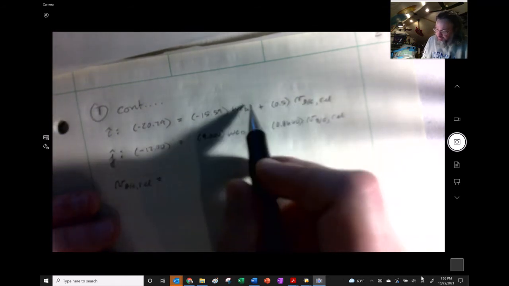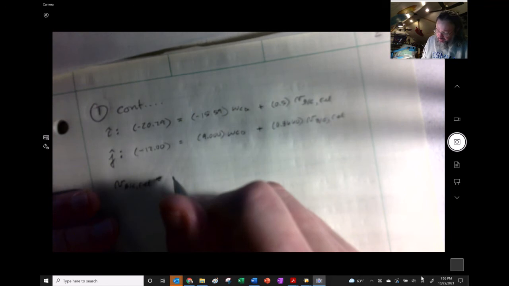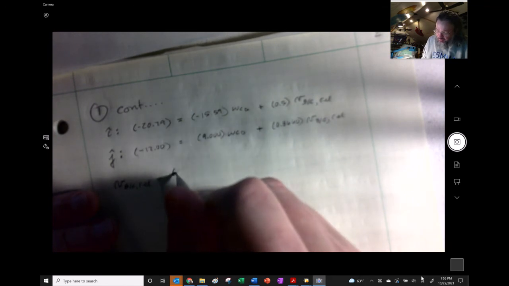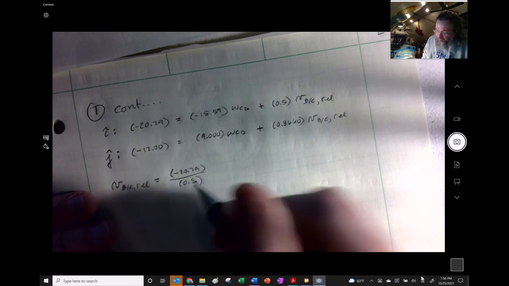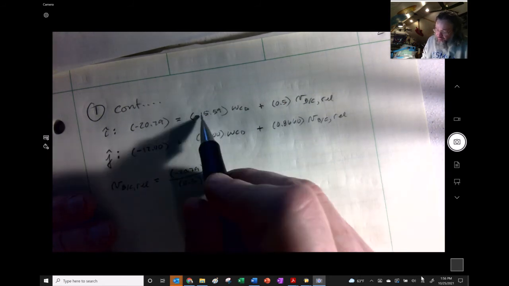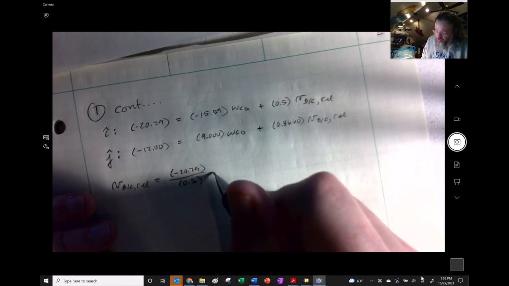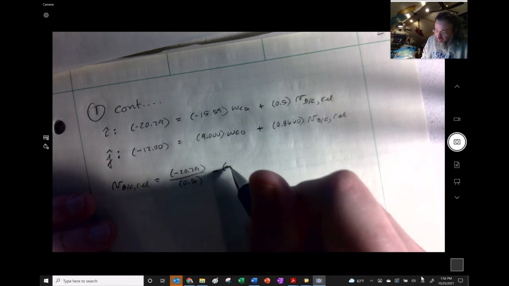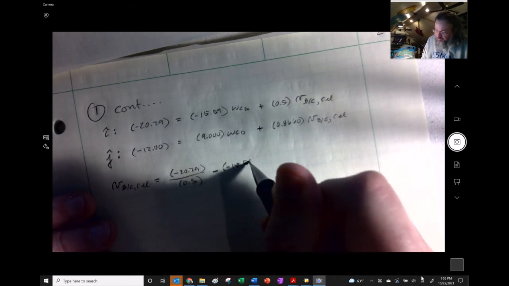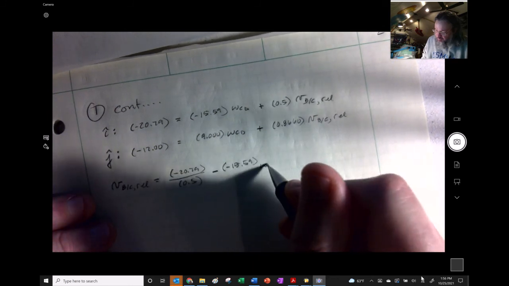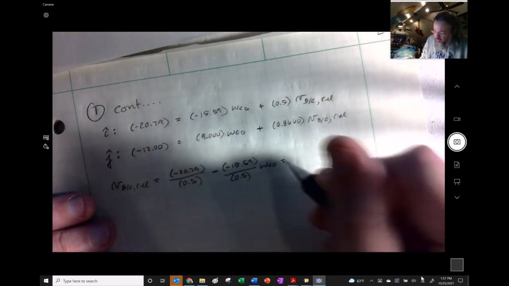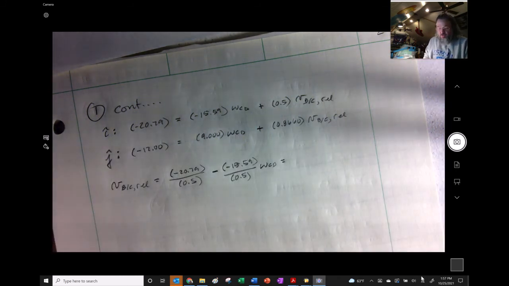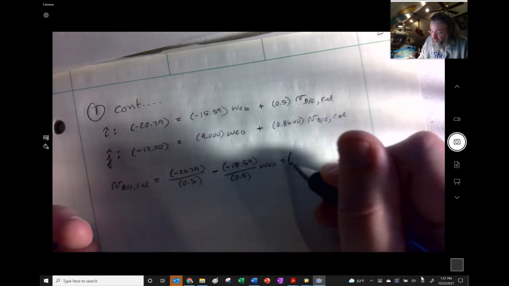So I'm pulling all this over to the left-hand side, and I will say it's negative 20.79 divided by 0.5, and then this is going to turn into a plus, right? So maybe I'll do it in 2 steps. Omega CD, but we're dividing by 0.5. So I'm going to end up with 20.79 really times 2, right?